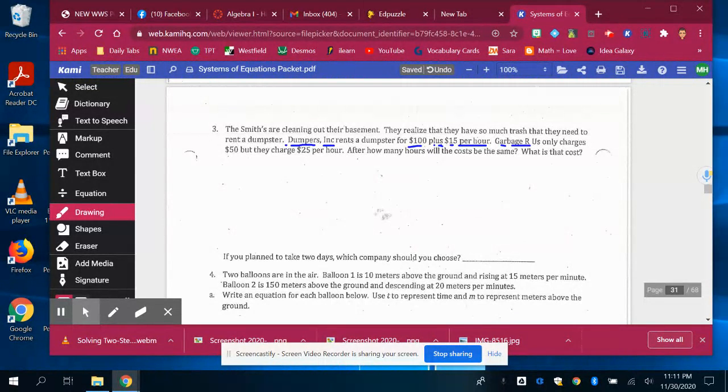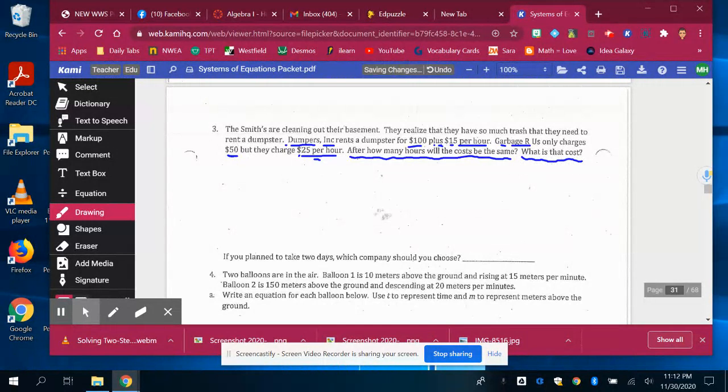Garbage R Us only charges $50, but they charge $25 per hour. After how many hours will the cost be the same? And what is the cost?